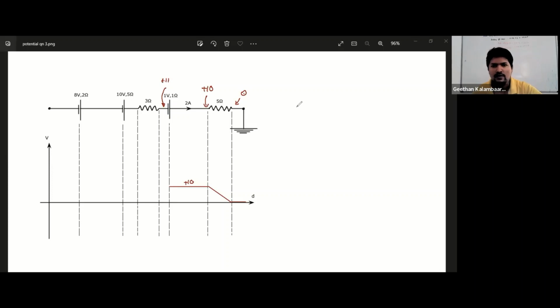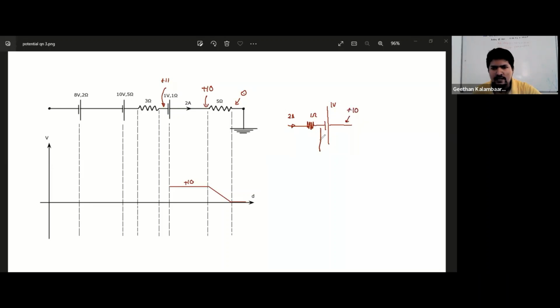So you may wonder how. What you have here is a resistor and a battery. The battery is 1 volt and the current is 2 amperes. The resistor is 1 ohm. So here it's plus 10.